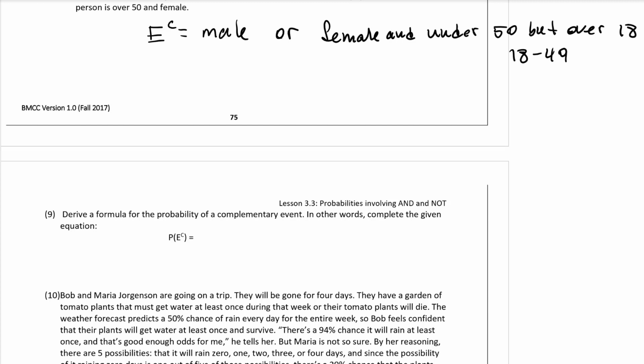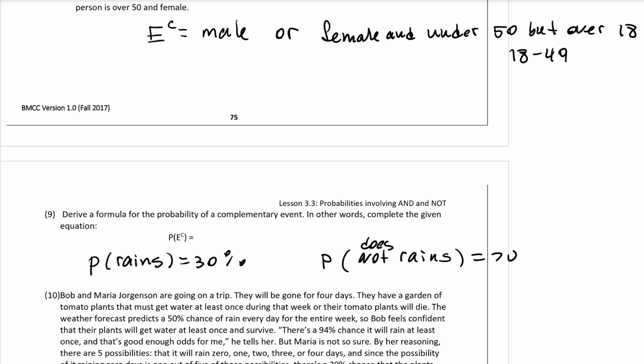Well, you see, the probability of a complement is basically going to be the other part of the probability. So for example, if the probability that it rains is, let's say, 30%, then the probability of the complement, that it does not rain, would be 70%, correct?